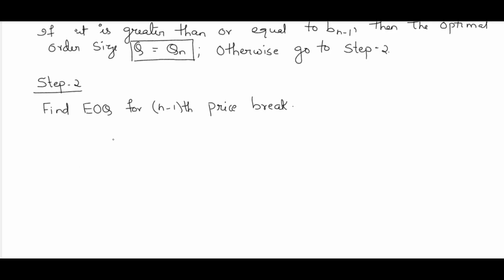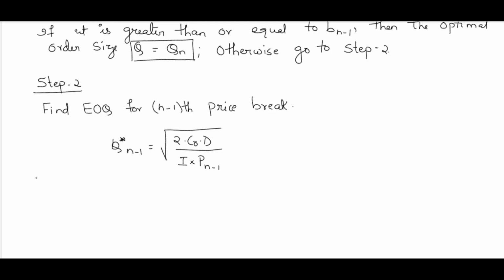So Q star n minus 1 is equal to, same formula, the square root of 2 C0 D divided by I into P of n minus 1.